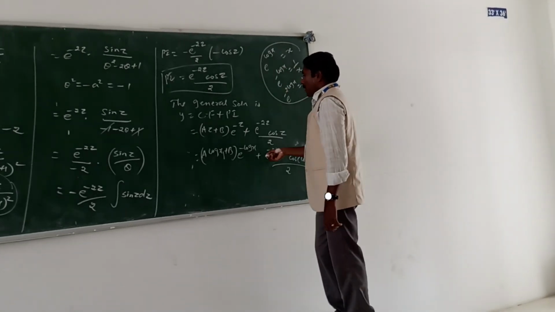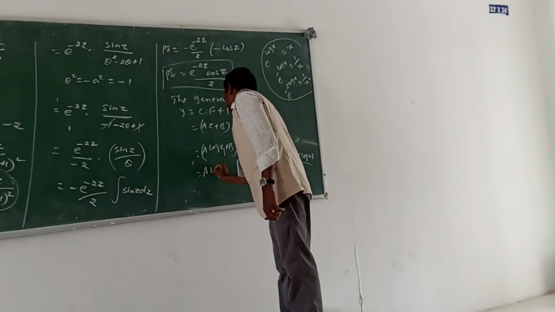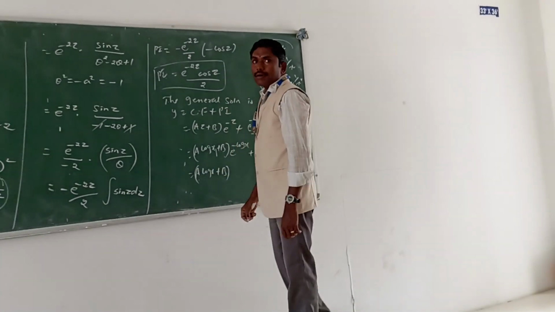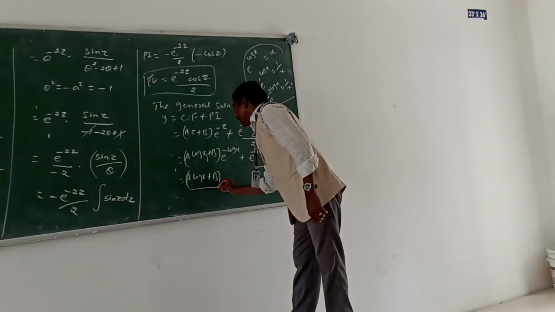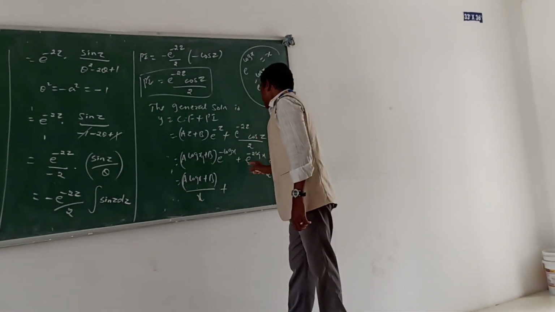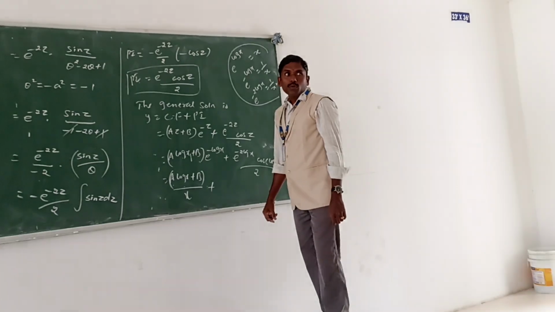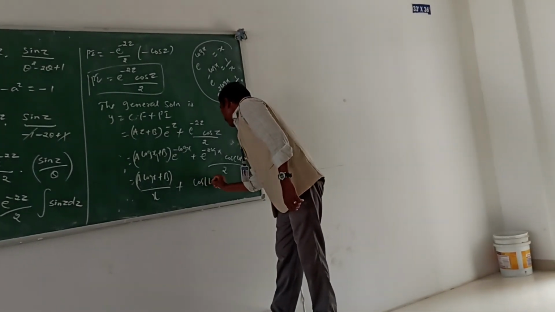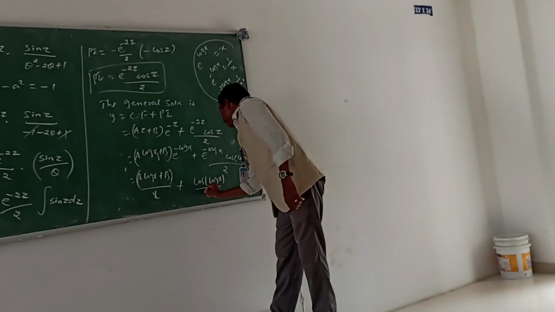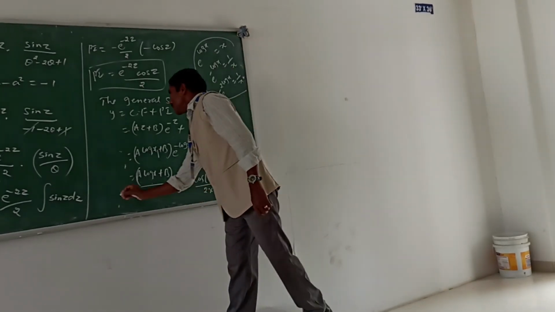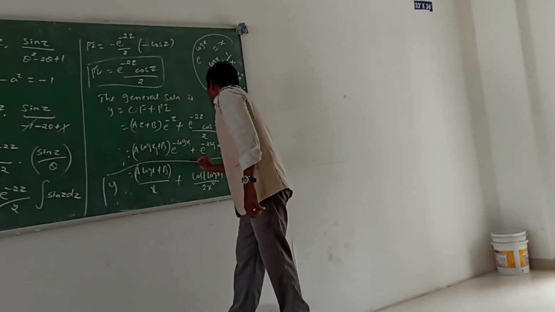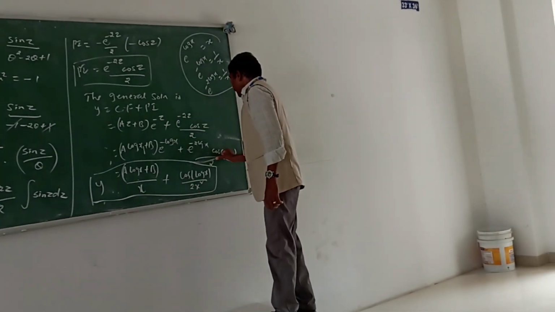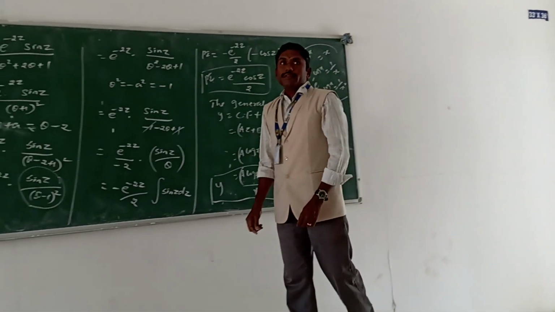Applying this value: (A log x plus B) into e power minus log x, value 1 by x, so divided by x, plus e power minus 2 log x, value 1 by x square, cos of log x by 2x square. So this is the general solution or complete solution of the given variable coefficient differential equation.